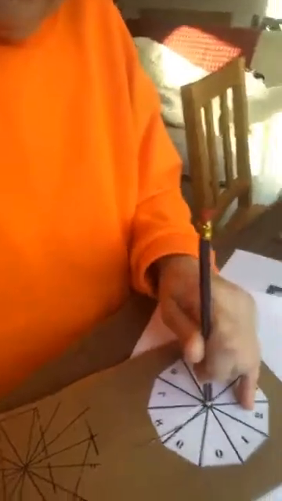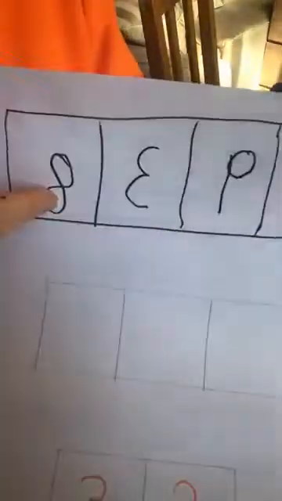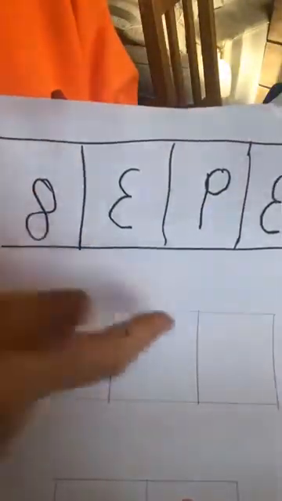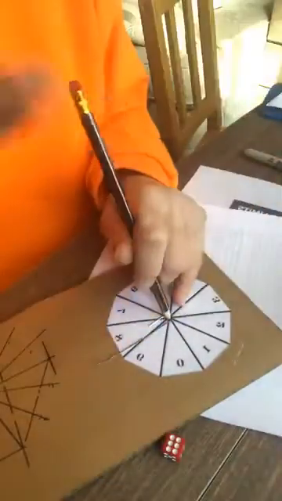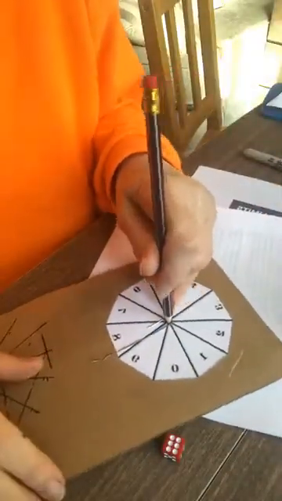Everyone uses the same spinner. So we're going up to higher numbers now. I'm going to use the 3 space because that's the one that's left. But you can use the 4, and instead of using it the way we did for the 5-year-olds, now we're going to use it in a different way. But we're only going to fill in the 3 spot right now, just to demonstrate the game. And you can extend it as far as you like.